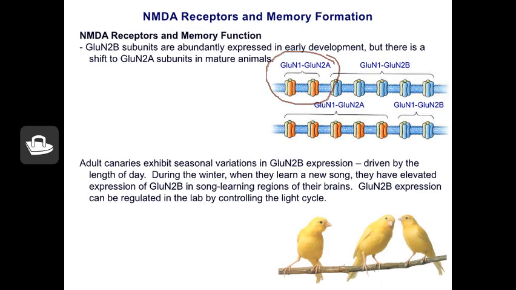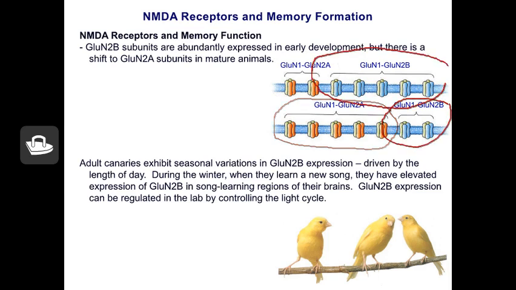But later in development, there's a switch so that we've got more of these GluN1, GluN2A subunits squeezing out those GluN1, GluN2Bs that were expressed so much in earlier development. You see that shift from lots of GluN2Bs early on to not so many GluN2Bs later.